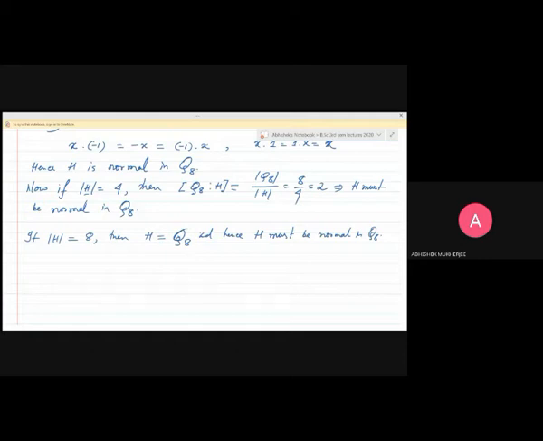Fine. So thus we have proved that every subgroup of Q8 is normal.